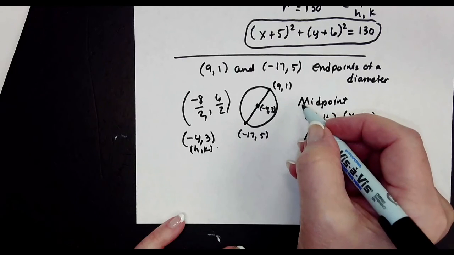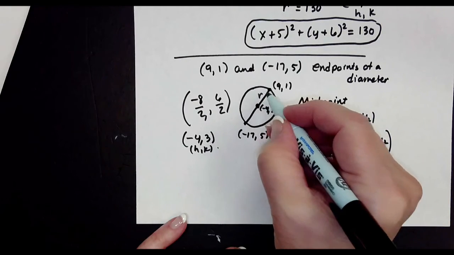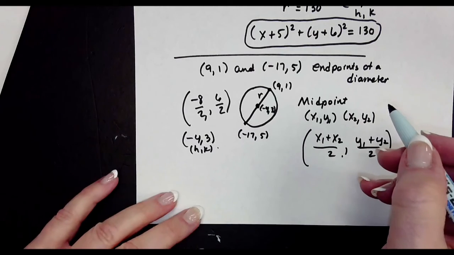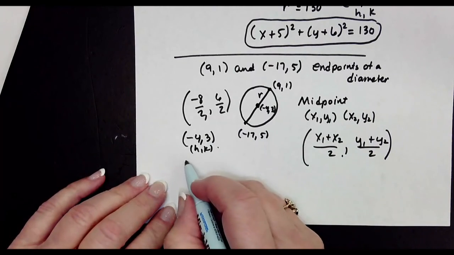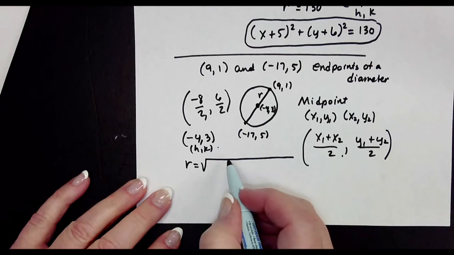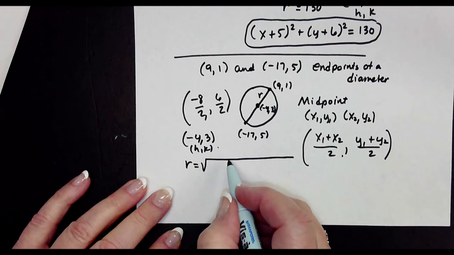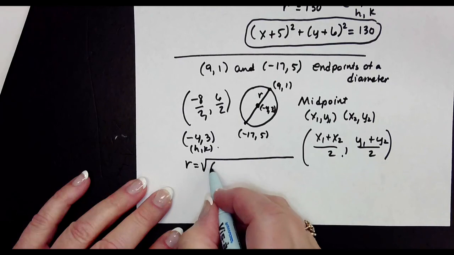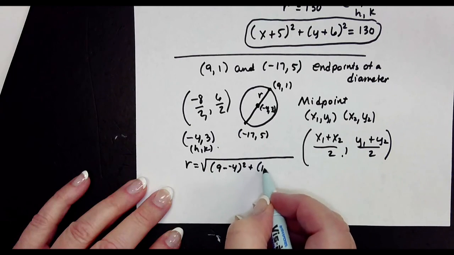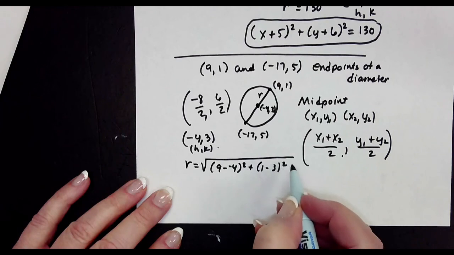But now what do I have to do? I have to find what a radius is. So I pick one of these, it doesn't matter which one, and I just do the distance formula. So I'm going to have r equals the square root of, so let's do 9 minus a negative 4 squared plus 1 minus 3 squared.